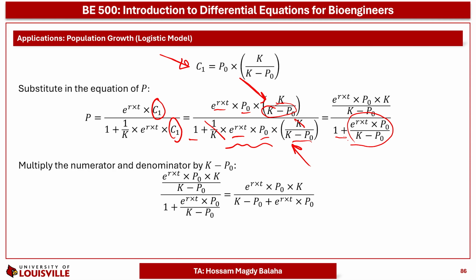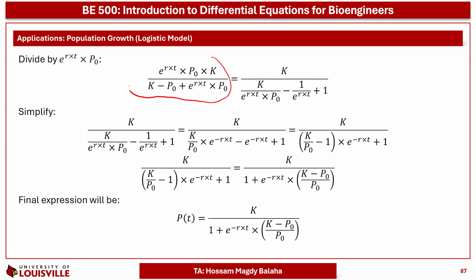Simply multiply the numerator and denominator by this factor. So it will be exponential of RT multiplied by P naught multiplied by K, and 1 multiplied by the factor will be K minus P naught. This will be cancelled, so it will be plus exponential of RT multiplied by P naught.